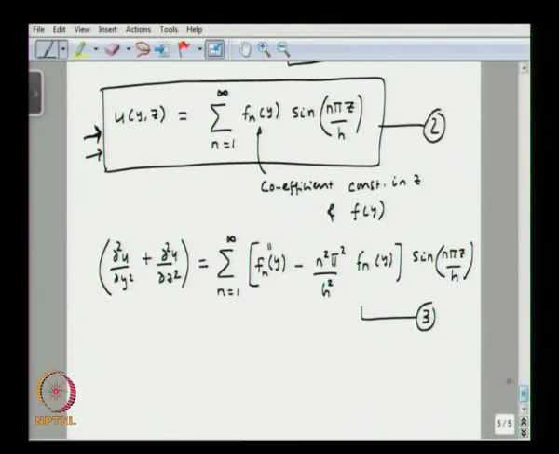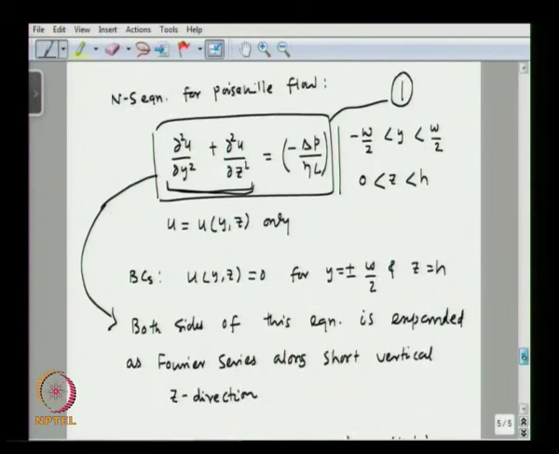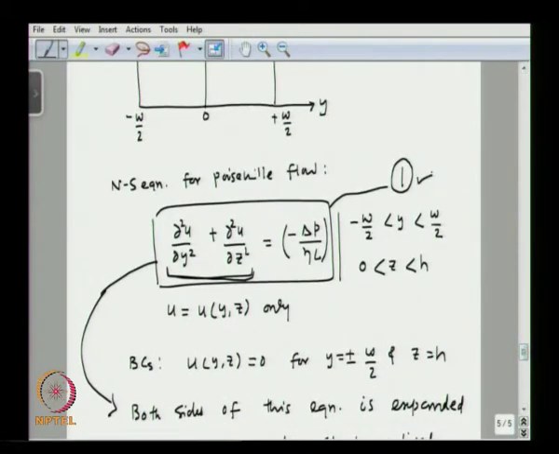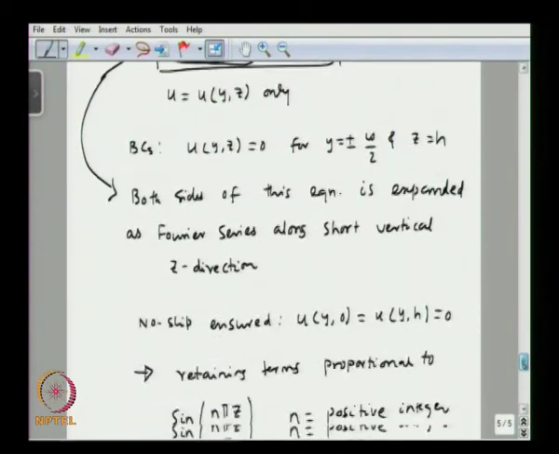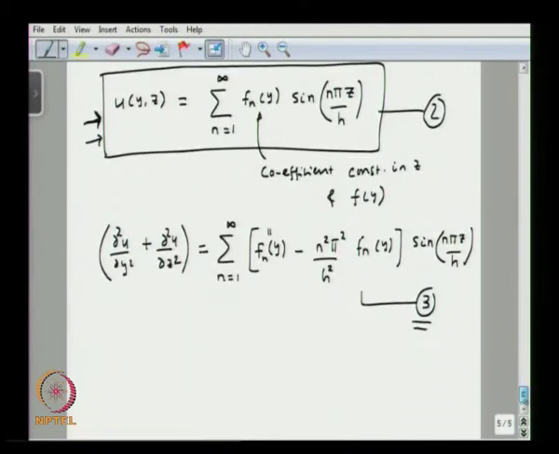So, now if you compare equation 3 and equation 1, each and every term must be equal. Okay.